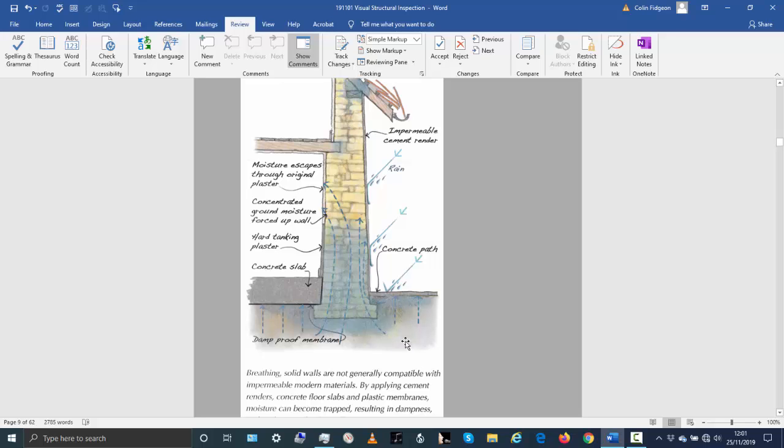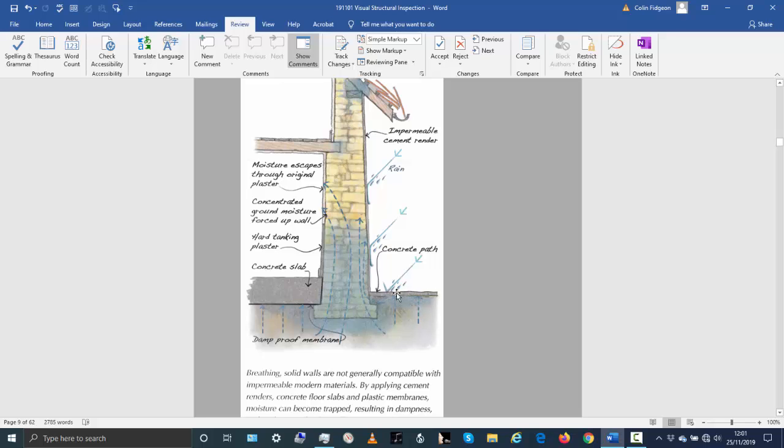So there'll always be moisture in the ground, and that moisture is coming up all the time. The concrete barrier stops that moisture from getting out. So it again holds moisture in the same way that a cement render can trap moisture in a wall. It can also trap moisture in the soil. So that's not the best way of dealing with it.